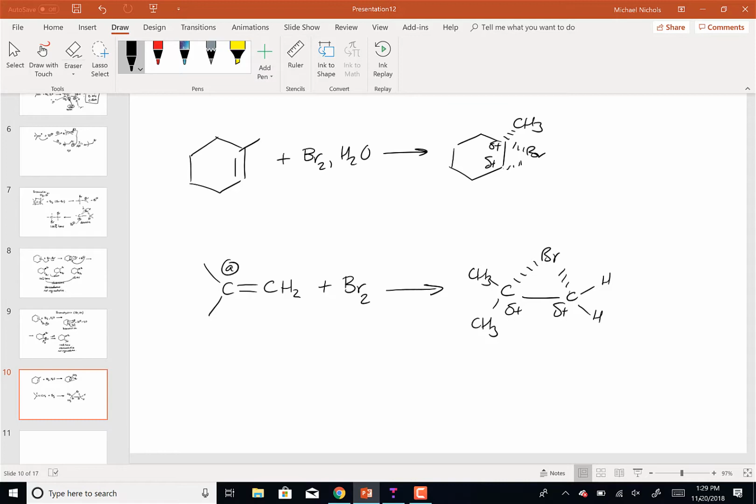I'll call this carbon A, carbon B, carbon A, and carbon B. So it's easier to do what I want to do next with an acyclic system.